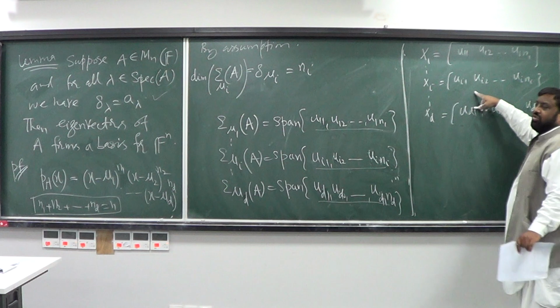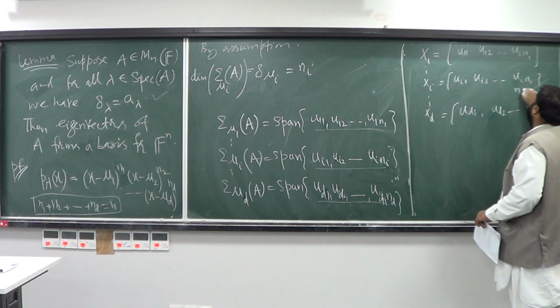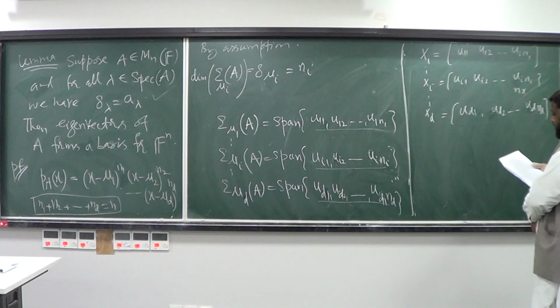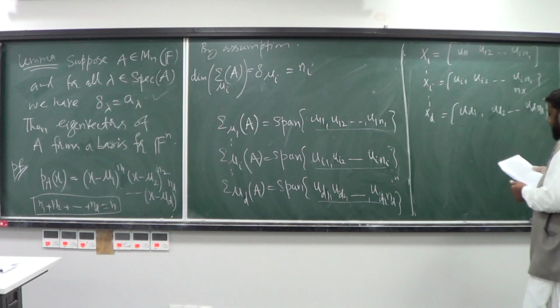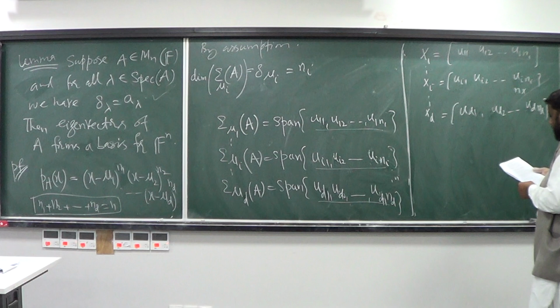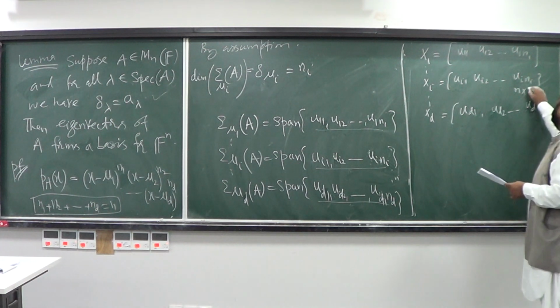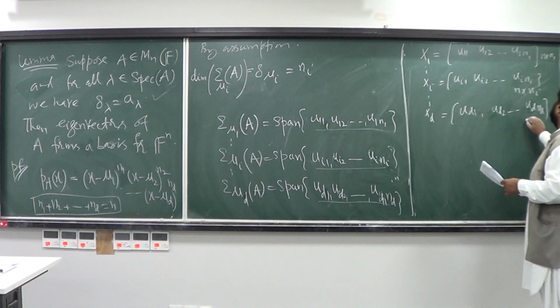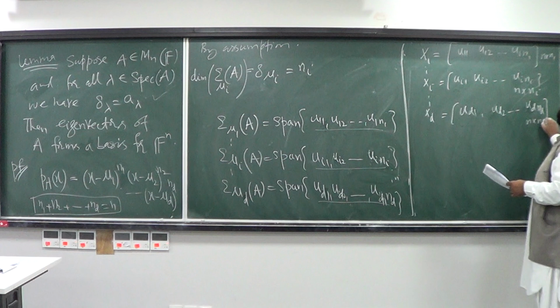The rows are going to be n. So the order of each one of these matrices, let me write it precisely and carefully: n by ni. This is a matrix of order n by n1. This is a matrix of order n by nd.